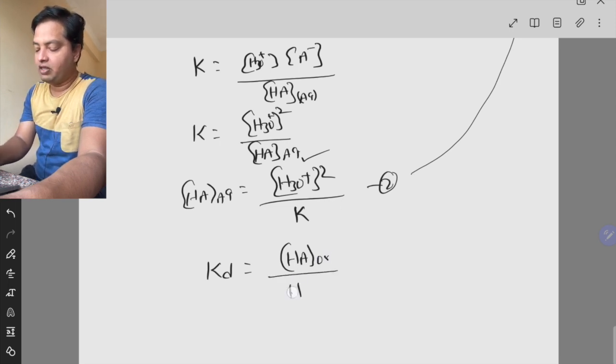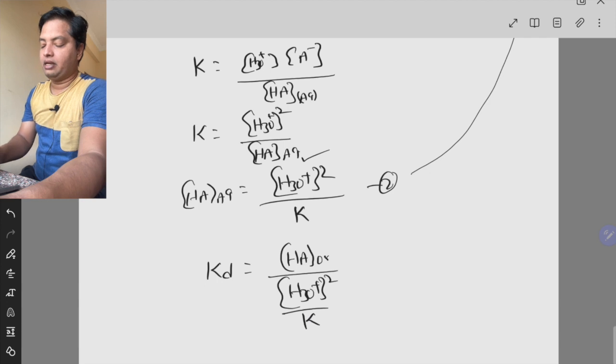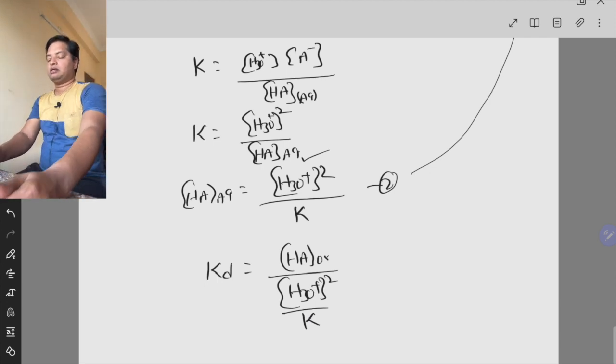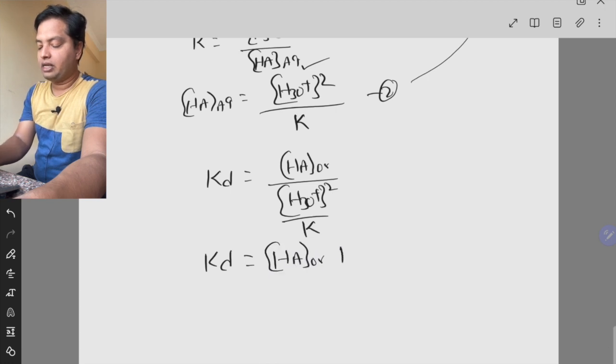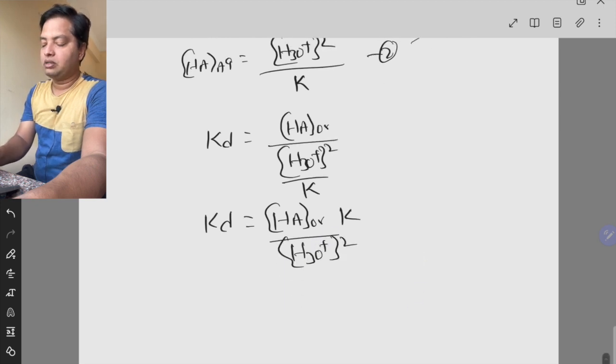So, instead of that, we write H3O plus square divided by K. If you rearrange this equation, you get Kd is equal to HA organic into K divided by H3O plus square. So, take the constant at one place.